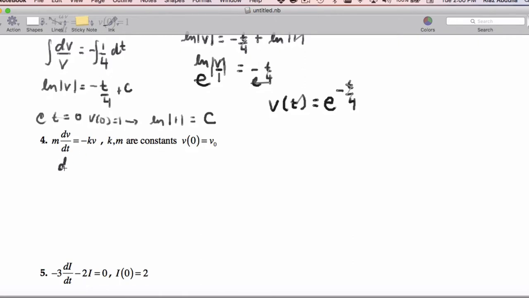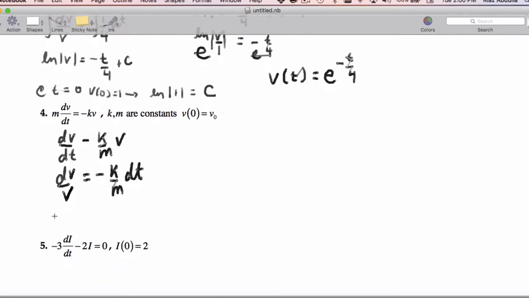So first, let's do what we always do. Let's separate variables. So dv/dt equals negative k over m times v, and that's going to be dv over v equals negative k over m dt. So we're going to get that the natural log of v equals negative k over m times t plus c.